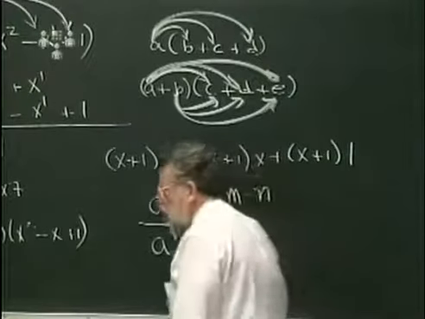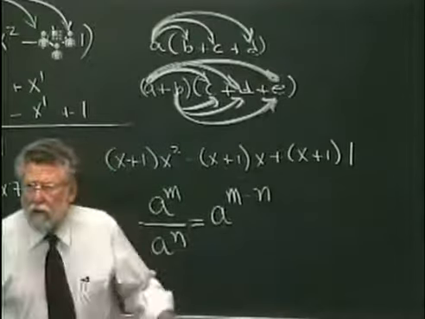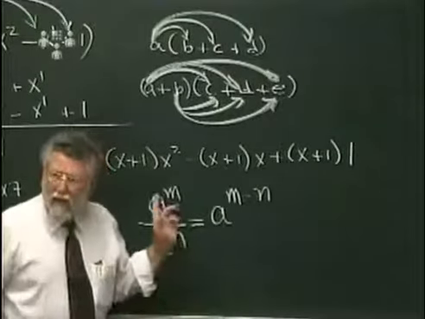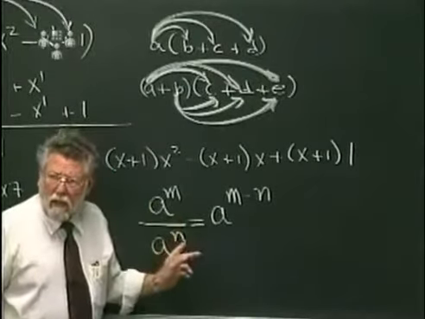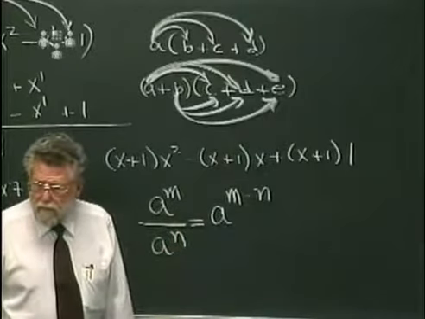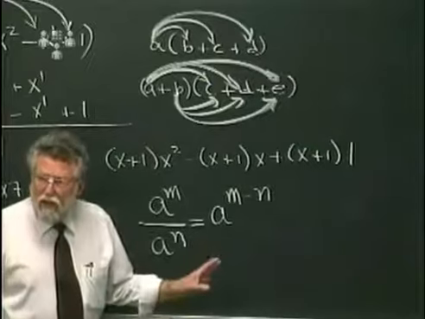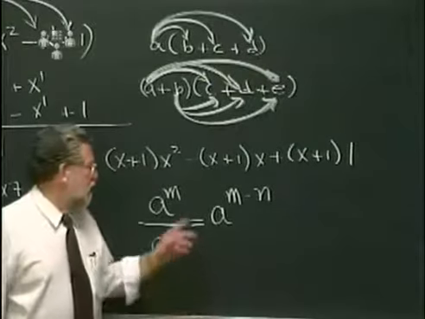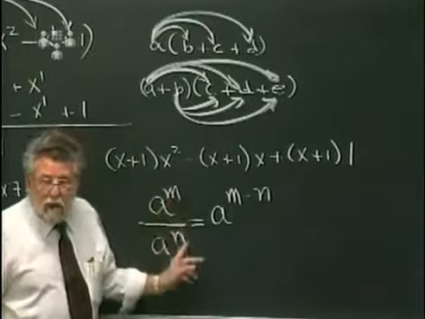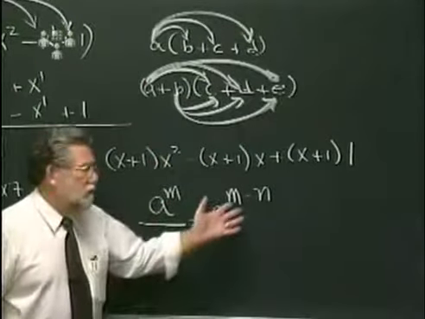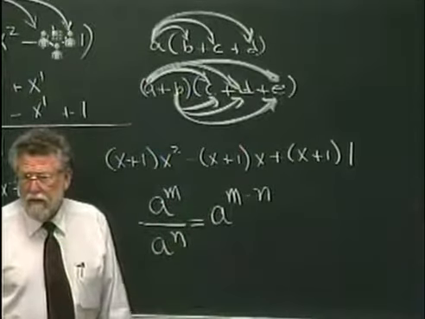There is usually one little restriction that we make: for now, the M must be larger than the N so that I get a positive exponent. We will extend this so that M could be smaller than N, and when you subtract, you get a negative exponent.